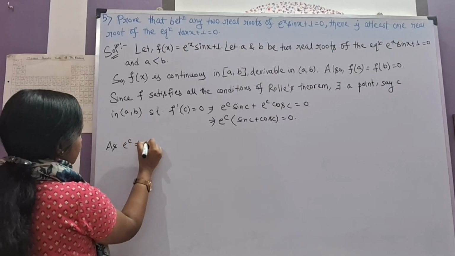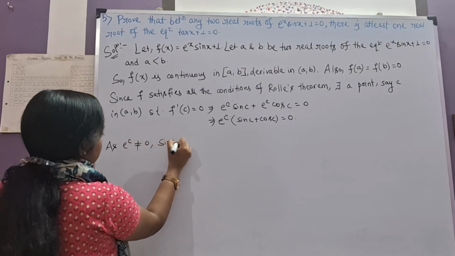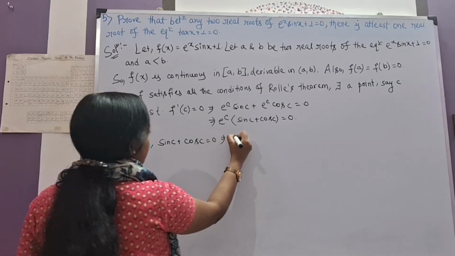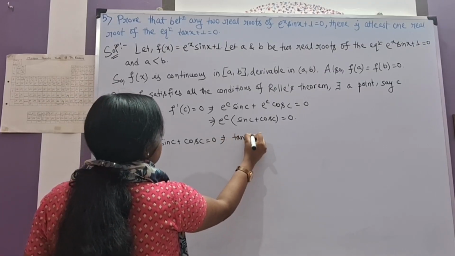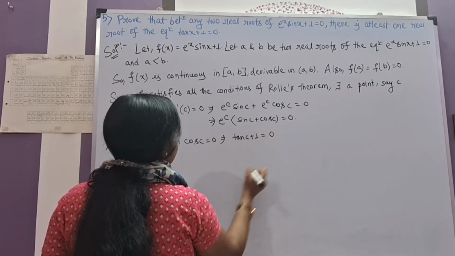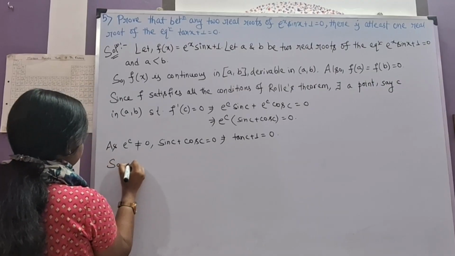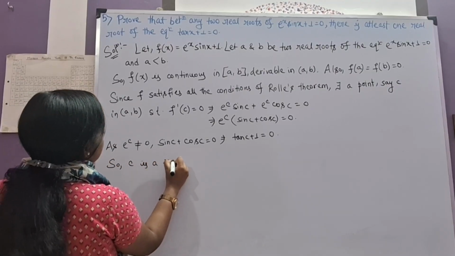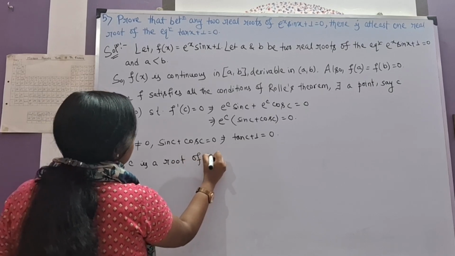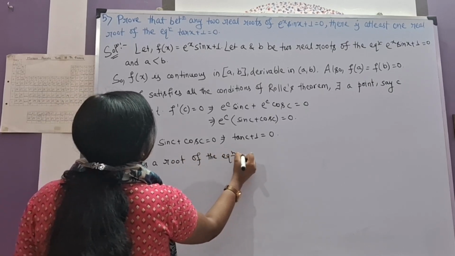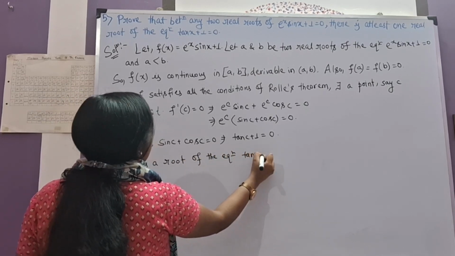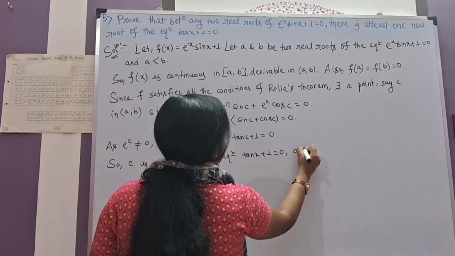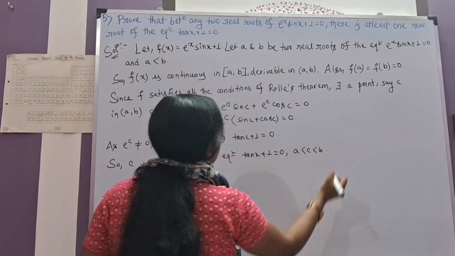As e to the power c not equal to 0, sin c plus cos c equal to 0, this implies tan c plus 1 equal to 0. So c is a root of the equation tan x plus 1 equal to 0, where a less than c less than b.